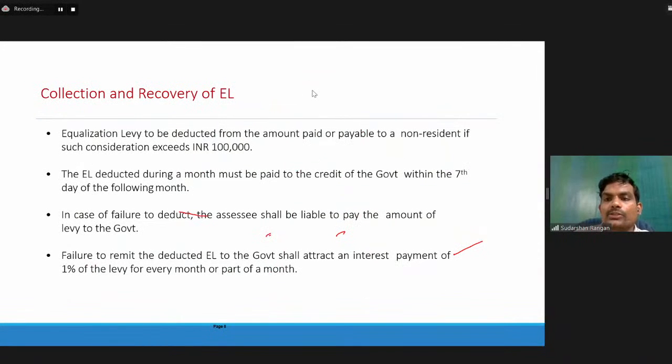So this equalization levy has to be deducted from the amount paid or payable to a non-resident. Therefore, the onus is on the Indian service recipient, which is Pentagon. So Pentagon has to withhold, has to deduct, like your TDS, equalization levy.